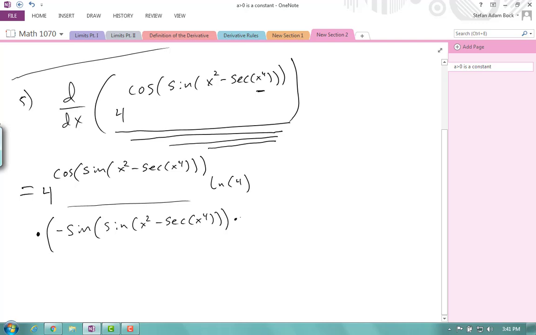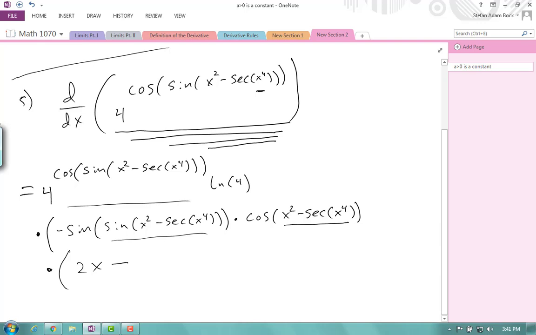Multiplied by the derivative of the inside of that. The derivative of sine is cosine. Now I need the derivative of the inside of that. So I'll do another line down here. Times, open parentheses, derivative of x squared is 2x, minus the derivative of secant of x to the 4th.